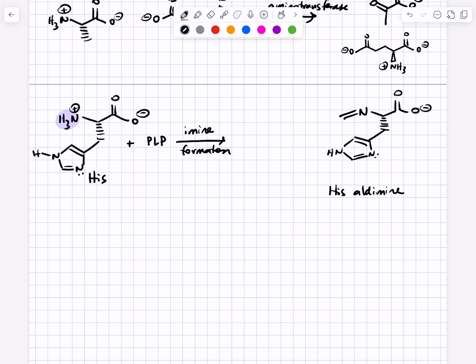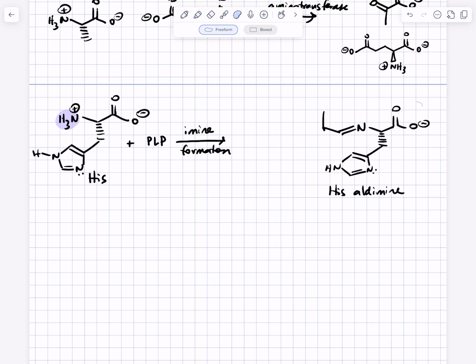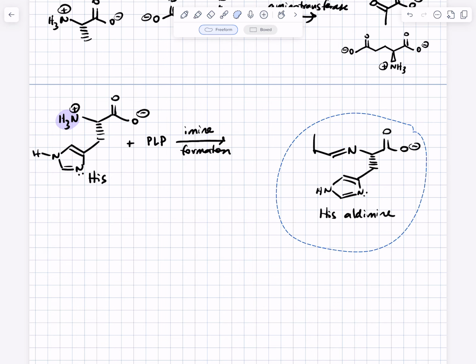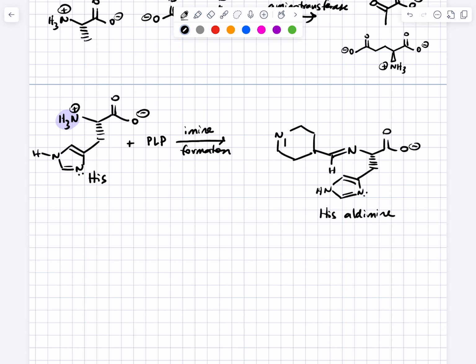Here's the new imine double bond to the carbon of PLP. And then I am so sick of drawing the PLP structure. I am totally sick of it, as I'm sure you are. But we need it to explain what happens next. So here we go again. Okay.